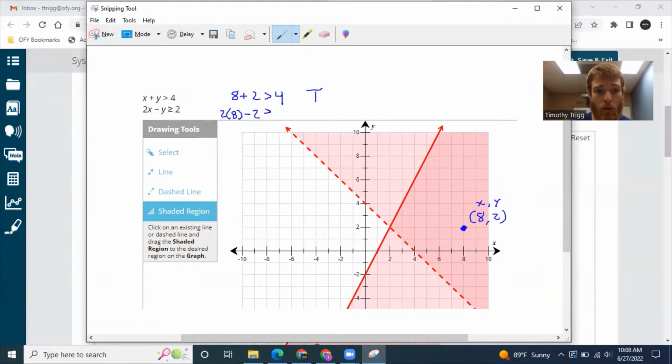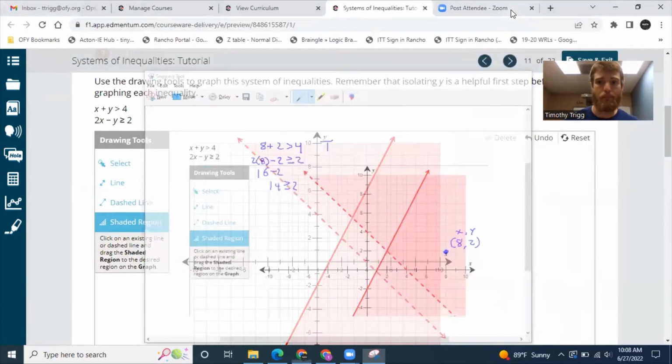And we want to see, is that greater than or equal to 2? And indeed it is, because 2 times 8 is 16, 16 minus 2 is 14, and 14 is definitely greater than or equal to 2. So any point in this double shaded region will produce a true statement for both inequalities, and that's how you know that it's the correct shaded region.